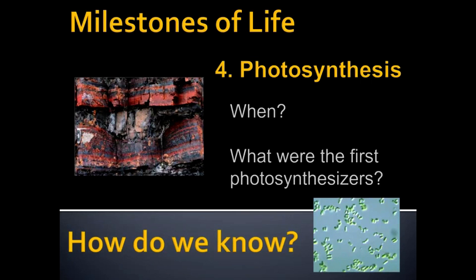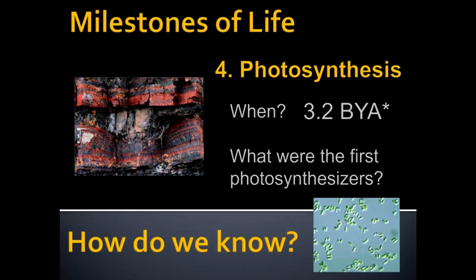So the 4th milestone of life that we're going to talk about is photosynthesis. Photosynthesis appears in the fossil record about 3.2 billion years ago. And again, some people put that back a little bit farther, which is why there's an asterisk by that. But we see photosynthesis about 3.2 billion years ago. Now, what's the data? How do we know that it occurred that early? Well, this is relatively soon, right?